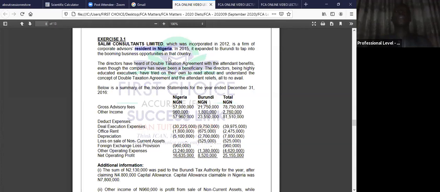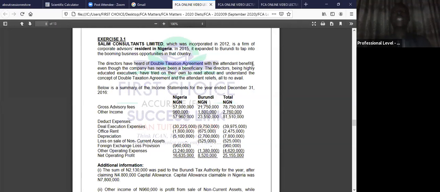In 2015, so of course you will be doing preceding year basis, it expanded to Burundi. Burundi is another country, to tap into the booming business opportunity in that country. The directors have heard of double taxation agreements, so let's underline that.